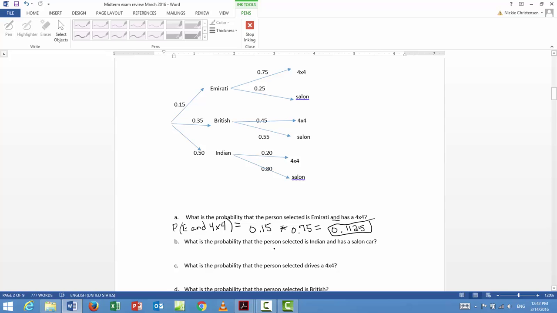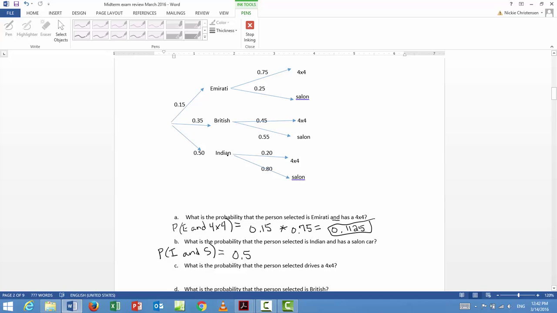So the next question, the probability the person selected is Indian and has a salon car. Well, probability of Indian and salon. My writing is atrocious with this stylus. Okay, probability of Indian is 0.5.